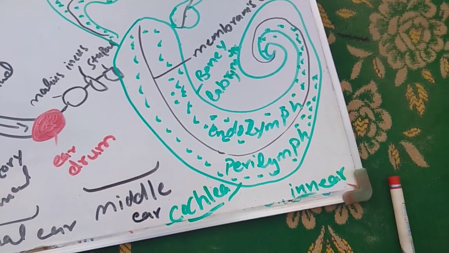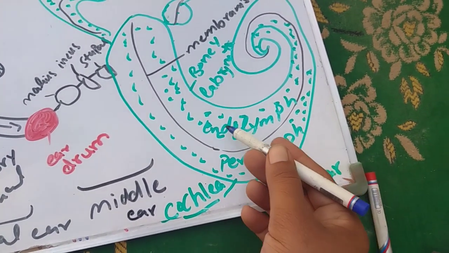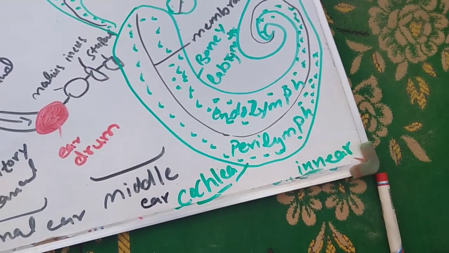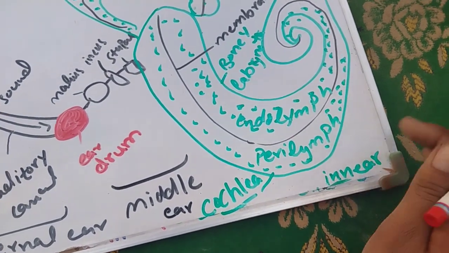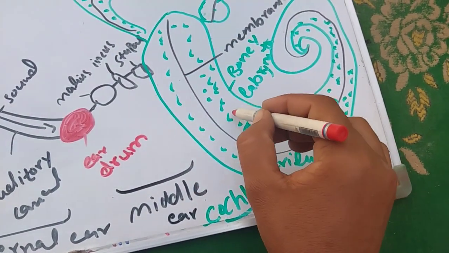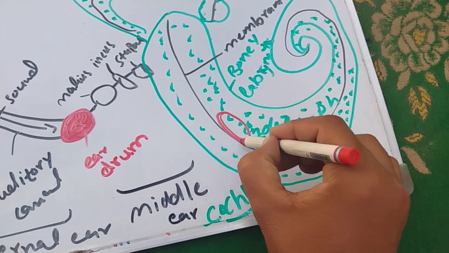Inside the endolymph and perilymph, the hearing cell is present.